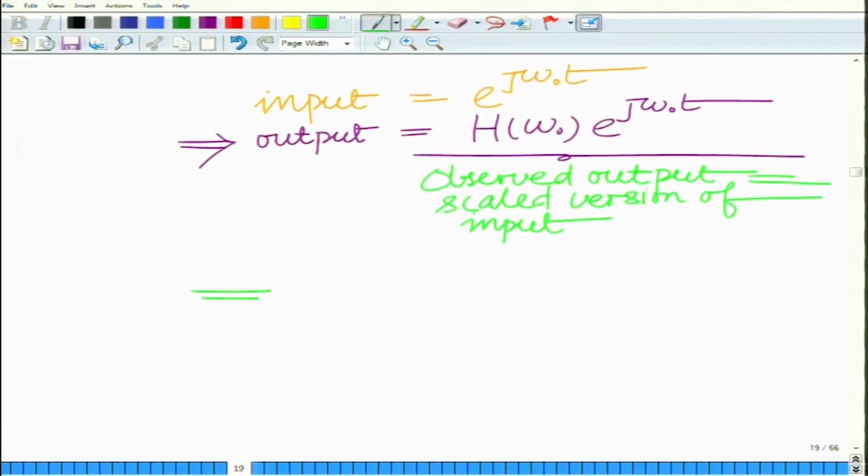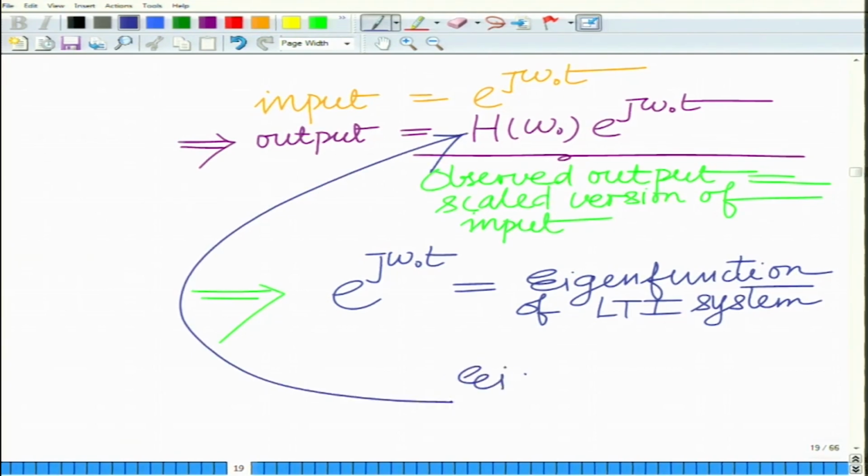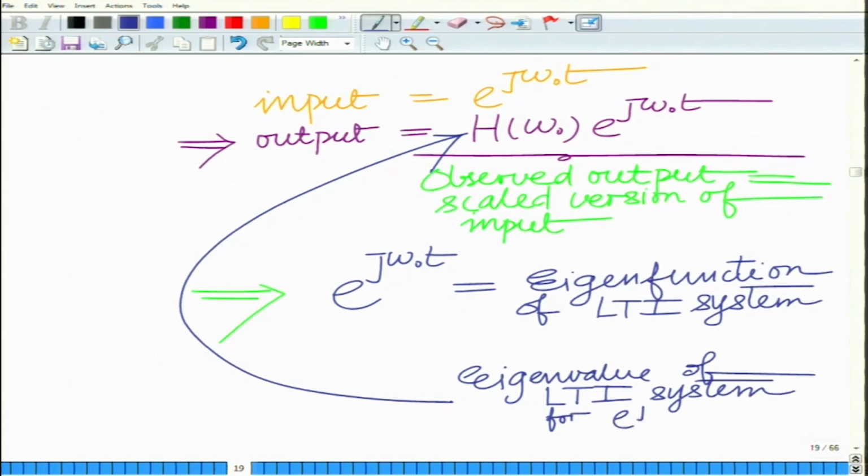This implies e raised to j omega naught t is termed as an eigenfunction of the LTI system, because if you have input x of t, the output is simply k times x of t, and this k, that is H of omega naught, is the eigenvalue of the LTI system corresponding to this eigenfunction e raised to j omega naught t.